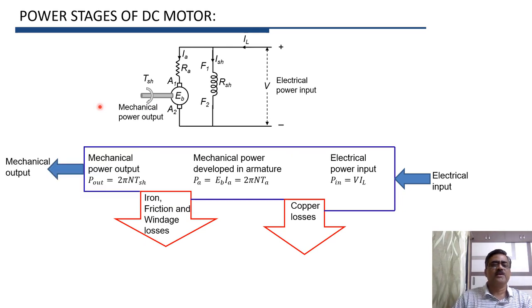So it is the power available at shaft, which is equal to P out, which is equal to 2 pi n TSH. Here TSH is shaft torque and n is speed in revolutions per second. So this is how, in case of motor, electrical power input gets converted into mechanical power output through these various power stages.